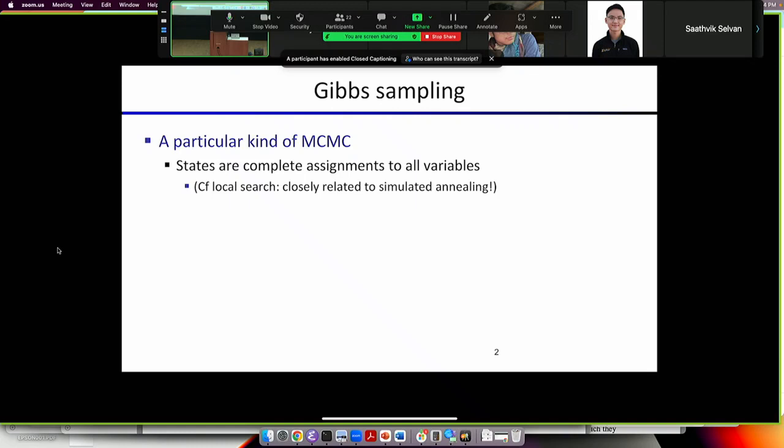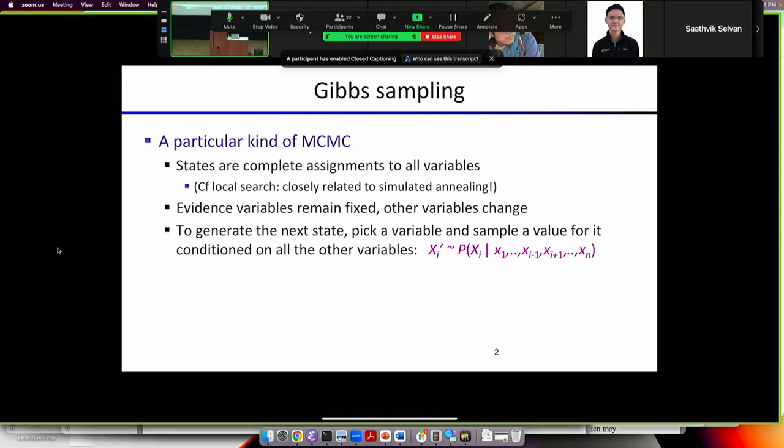So each state is going to be a complete assignment, and you leave the evidence variables fixed, and then you pick a variable, and we'll call the variable that we sample xi, and we're sampling a new value for it, so we'll call it xi primed, and it's sampled from the distribution for xi given the values that all the other variables have in this current state. Okay?